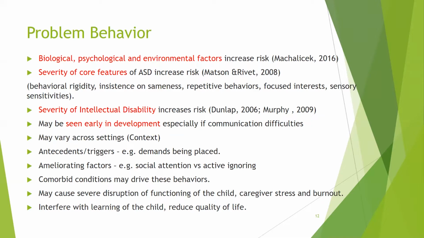And there's always an antecedent or trigger that may trigger these behaviors. There might be some factors that might actually reduce the likelihood of problem behaviors. For example, giving social attention or actively ignoring some of these behaviors.